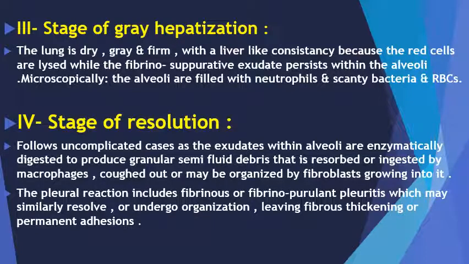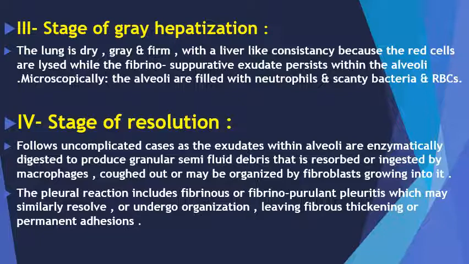Third stage: gray hepatization. In this stage, the lung appears dry, gray, and firm, with a liver-like consistency. The red blood cells are lysed, while the fibrinosuppurative exudate persists within the alveoli. Microscopically, we see that the alveoli are studded and filled with neutrophils, scanty bacteria and red blood cells.